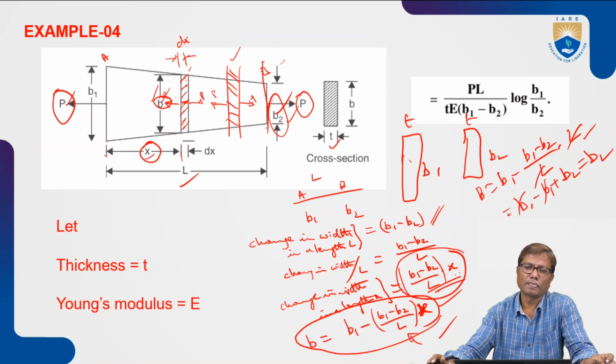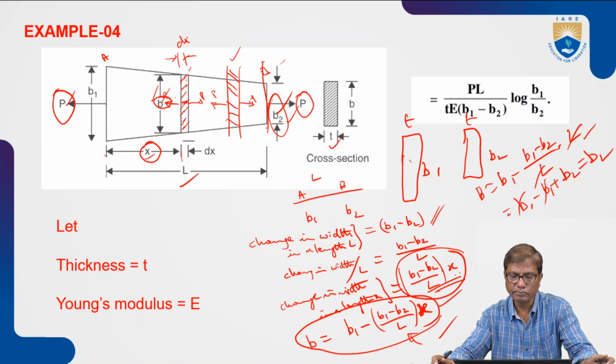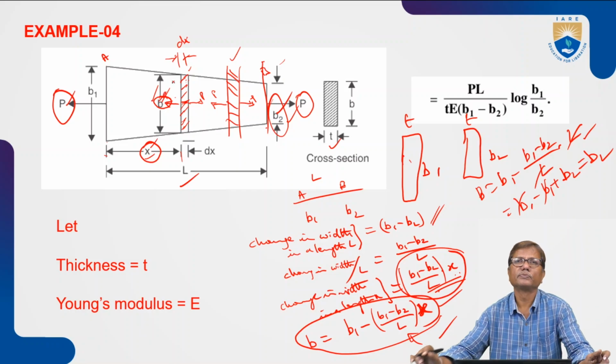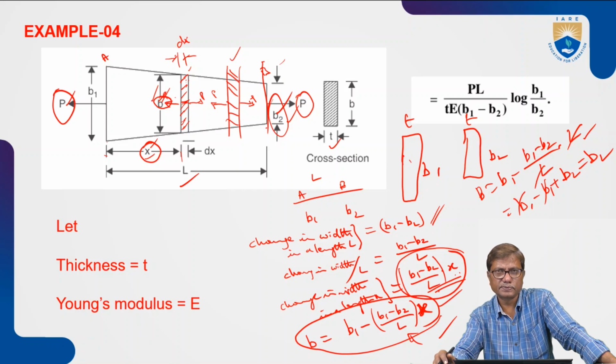Integration of the extension of the elementary strip gives the total elongation of the tapering member, when the width has a definite relation with x.